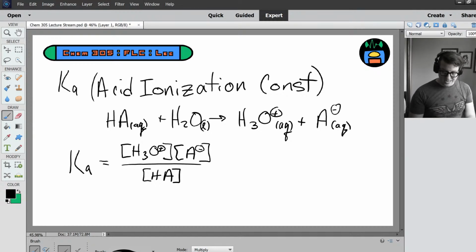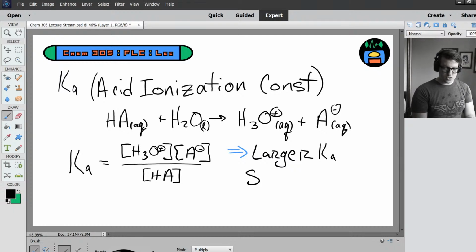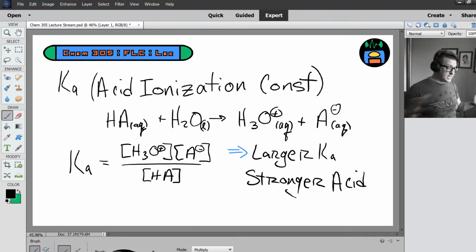And we said yesterday that because this is a ratio of products to reactants, the larger the Ka, the stronger the acid. The strongest acids near complete ionization, right?